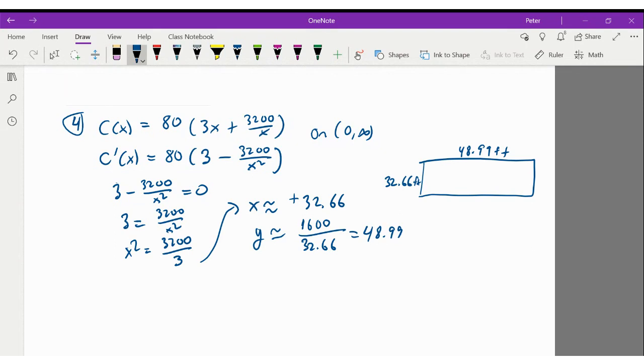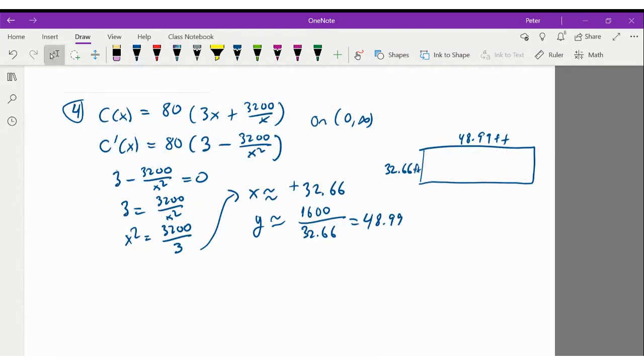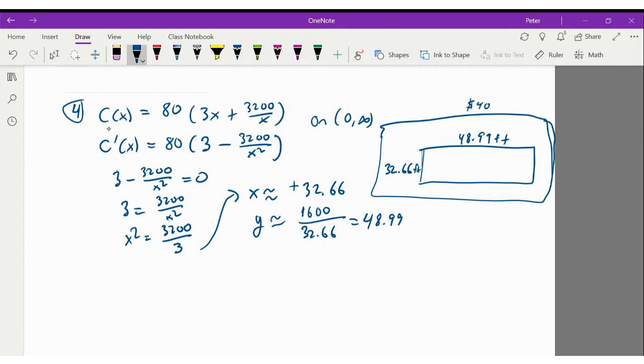So anyway, I won't write it in words, but this is the dimension of the rectangle. And if you think about it, this sort of makes sense, because what I have is a very long width and a short length, and that's because this side was $40 to build, while the other sides were $120 to build. So it's actually cheaper to build more width than it is to build length.